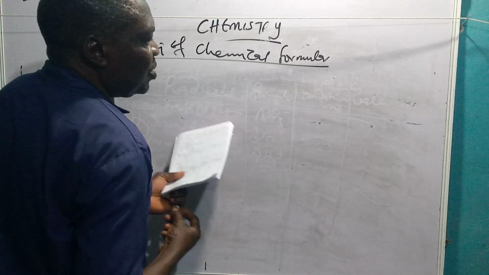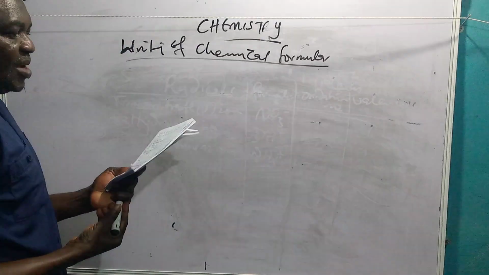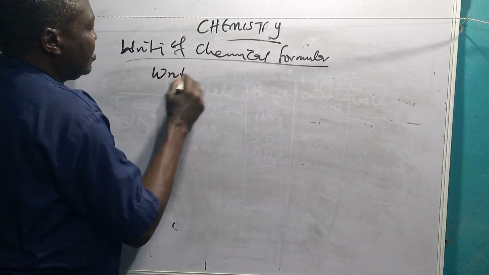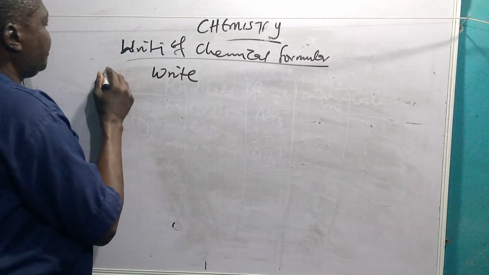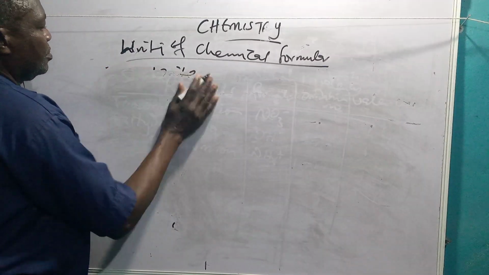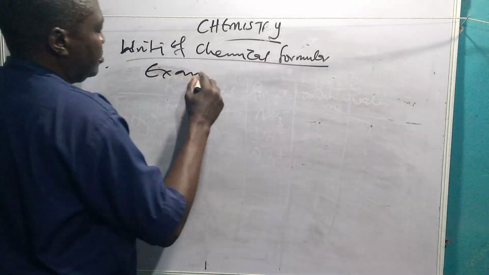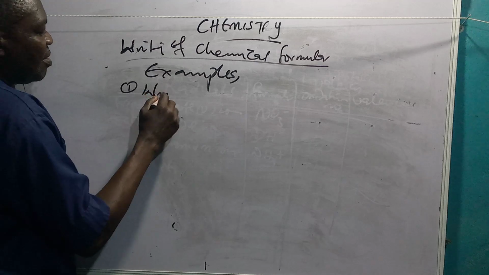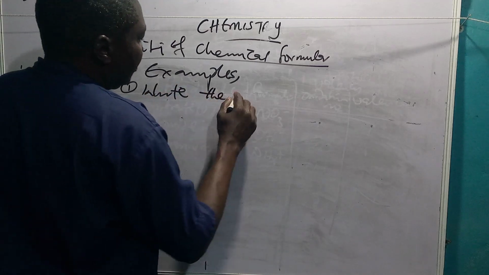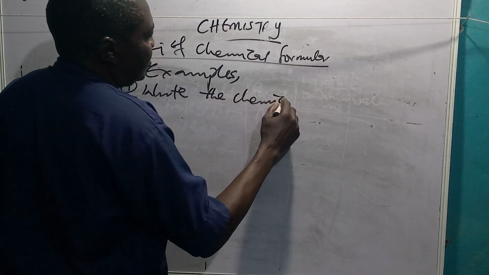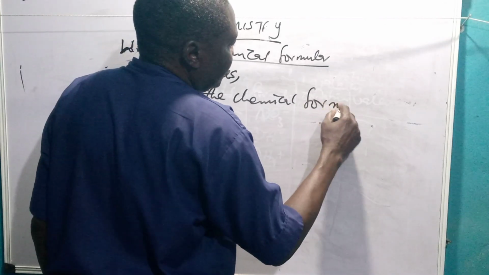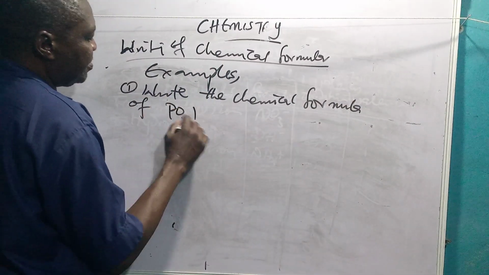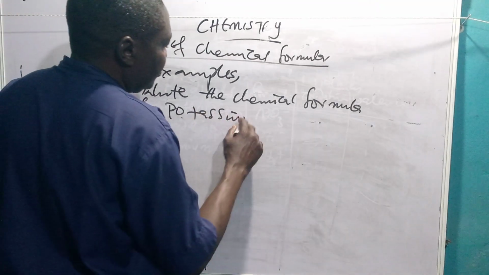Let's assume we are told to write the chemical formula of potassium chloride.